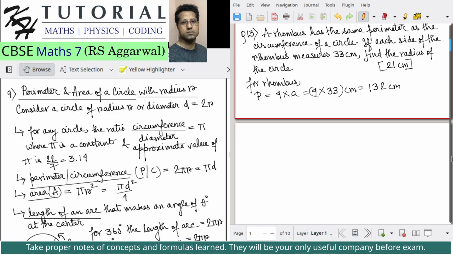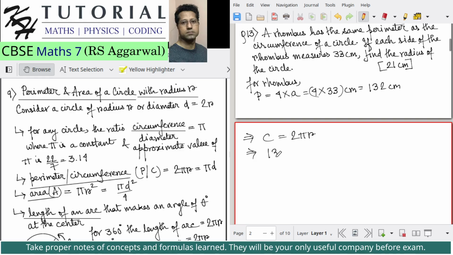It is given that the perimeter of the rhombus is equal to the circumference of a circle. So if I consider capital C, we know that circumference of a circle is 2 pi r. Capital C is equal to 2 pi r, where r is the radius of the circle. So this implies the circumference of the circle will be equal to the perimeter of the rhombus.